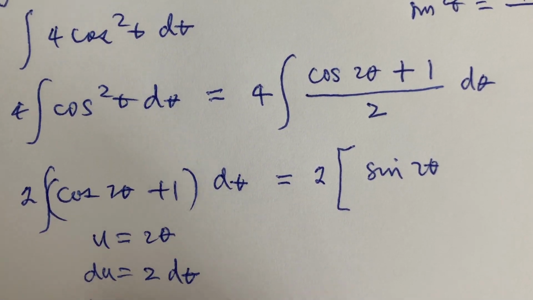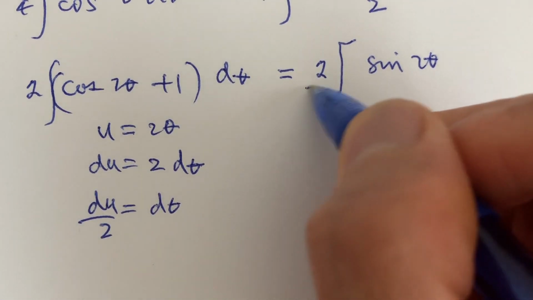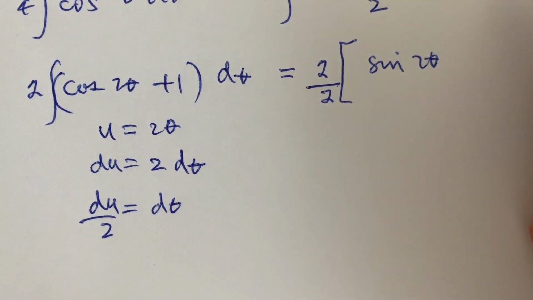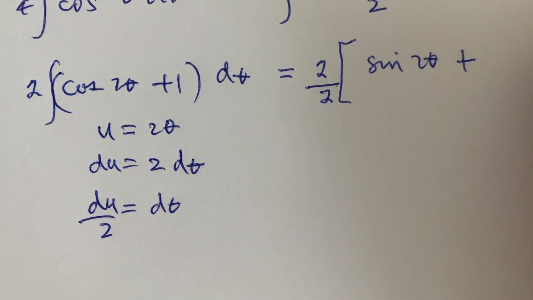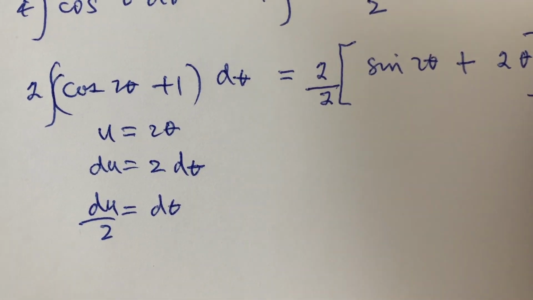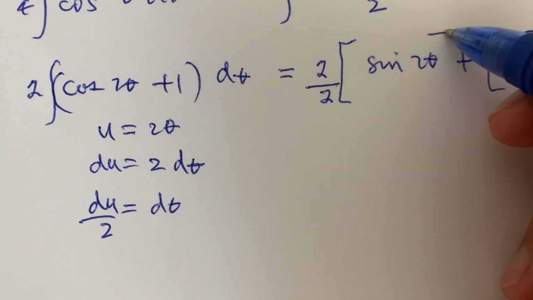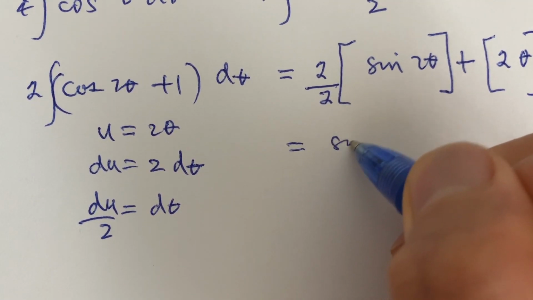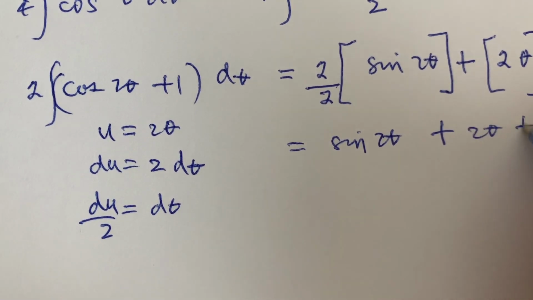And so that 1/2 will now be here for sine 2 theta, plus, now don't forget there's a 2 there, the integral of 1 is theta plus c. So simplifying this, we get sine 2 theta plus 2 theta plus c.